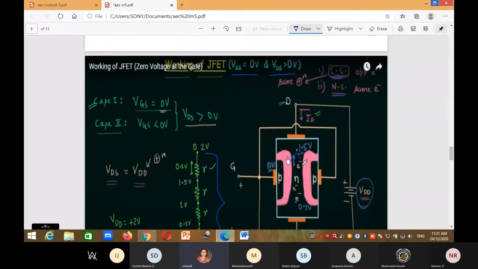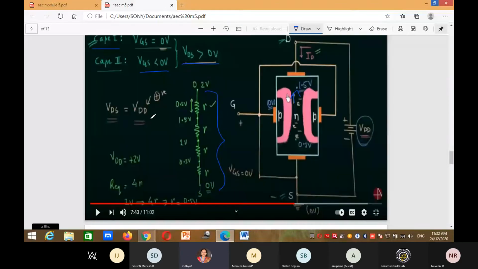The natural current flows in the same direction as the electrons, but this is the conventional current, so it is opposite to the electrons. Case 1: VGS is equal to 0. Case 2: VGS less than 0, that means negative. In both conditions VDS is greater than 0, so consider VDS equal to VDD.